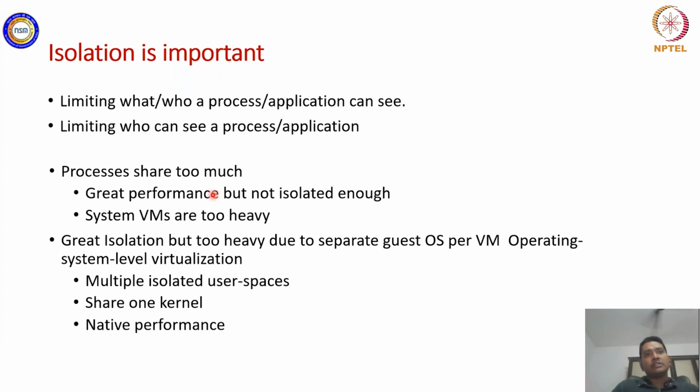Processes that are sharing can share too much, because their isolation is not high, and great isolation is provided by system level virtualization through multiple isolated user spaces, along with sharing of one kernel and native performance.